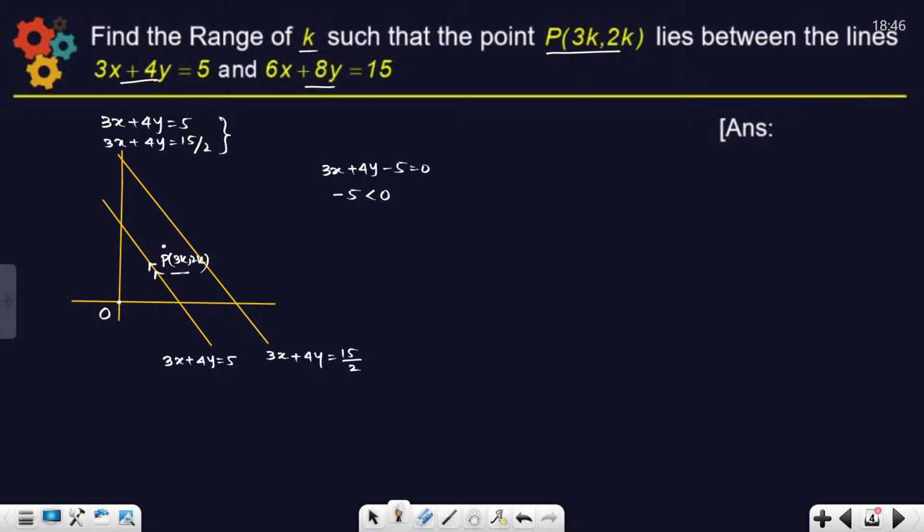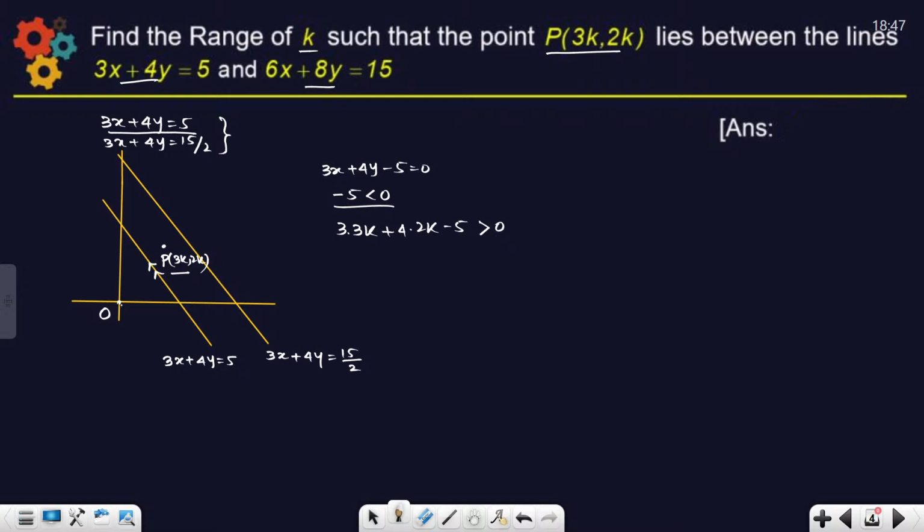Now, as this point is lying on the opposite side of the origin, and for this we are getting a negative value, so if I put this point in this expression, the value of this expression will definitely be greater than 0.